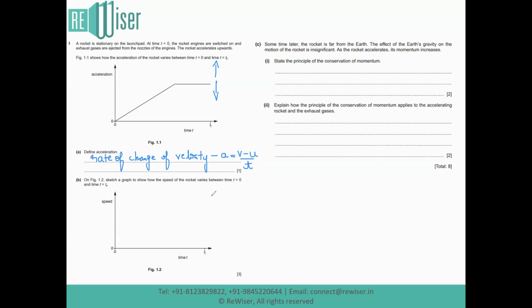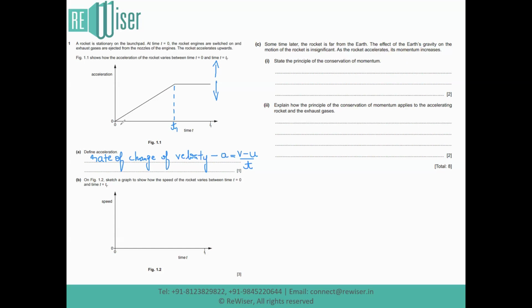Moving on to part B of the question. On figure 1.2, sketch a graph to show how the speed of the rocket varies between time t equal to 0 and t equal to tf. Now, going by the logic, there is a certain interval, let's call it t1.